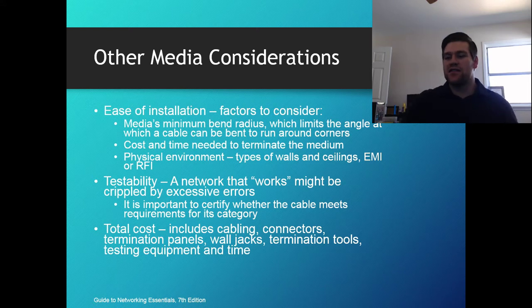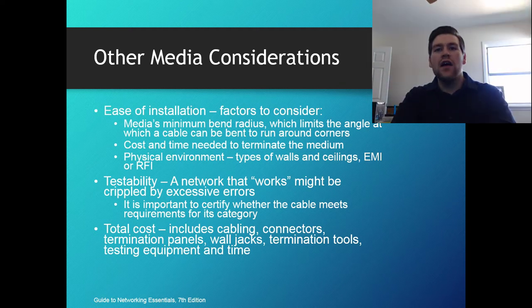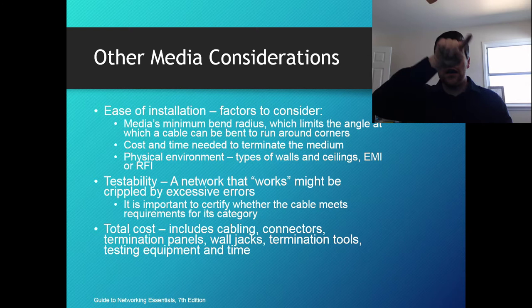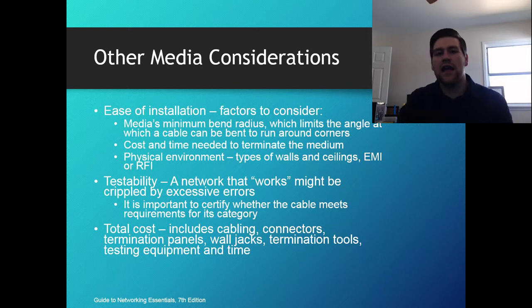The bend radius has to do with the amount that a wire can bend around a curve. With fiber optic, it's a significantly larger bend radius. It's about a foot, where with copper cabling, unshielded twisted pair, it's more like an inch bend radius. So that would be the radius of a circle if you went around. Okay.